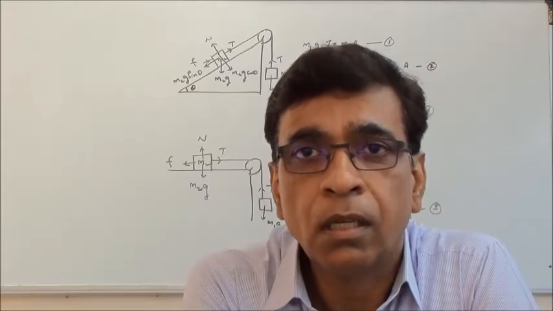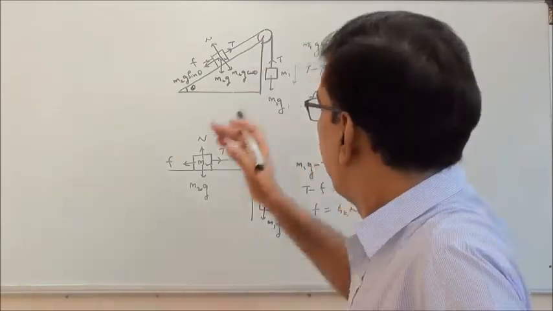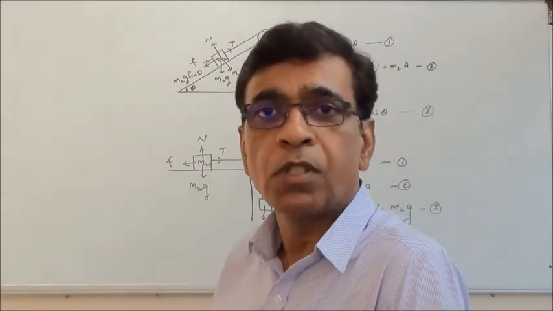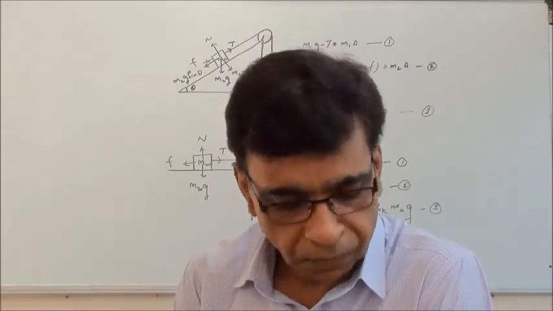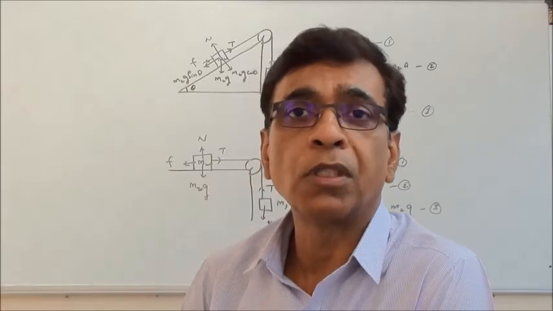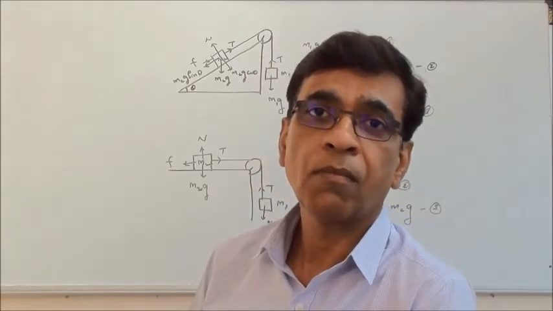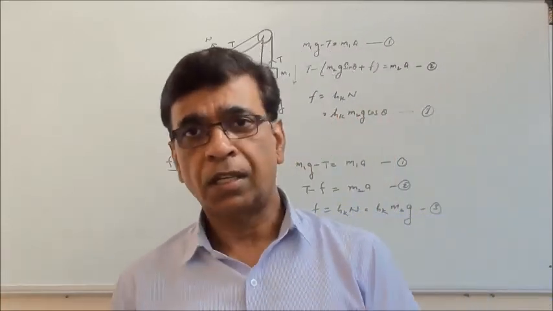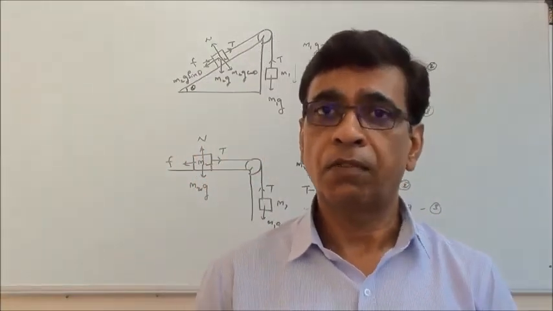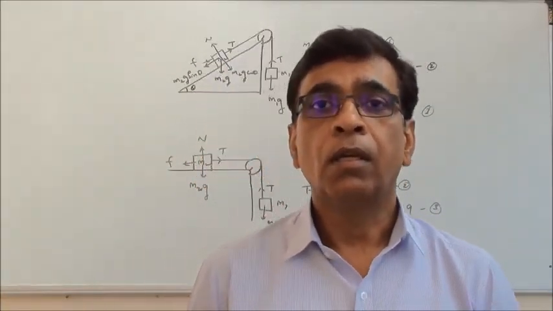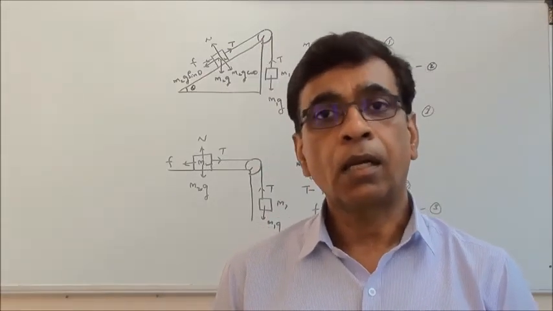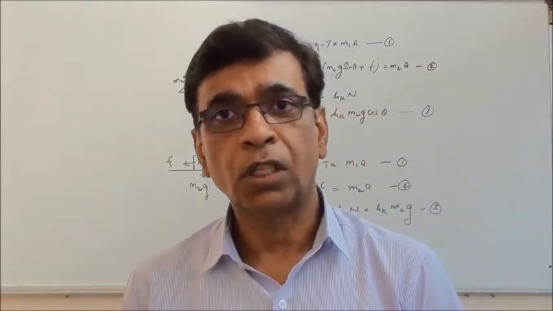Now these magnitudes and directions of the frictional force, static friction and kinetic friction, can be written in the form of laws also. We call them laws of friction. Static friction is a self-adjusting force. It is less than or equal to mu s R. The direction is such that the net force on the body is zero.